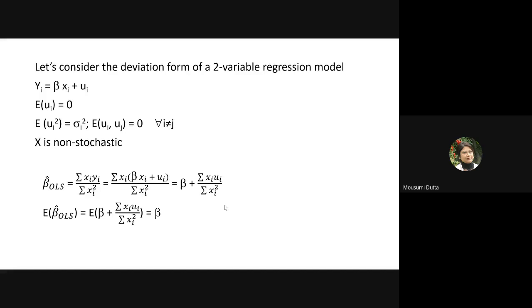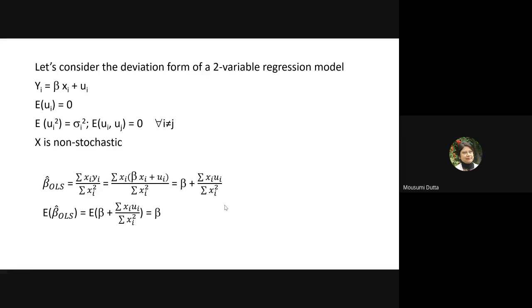Expectation of ui is equal to 0. Expectation of ui square, which is the variance of ui, I am considering sigma i square because I am considering heteroscedasticity. Covariance between ui and uj is equal to 0 because I am assuming no autocorrelation. X, for simplicity, I am considering non-stochastic.